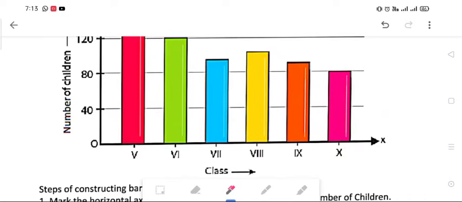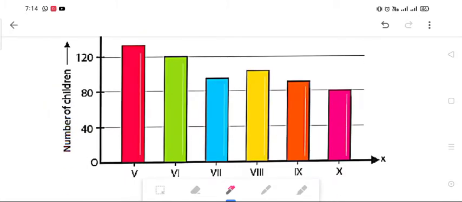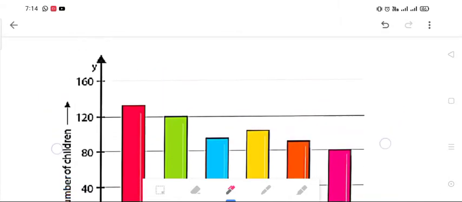Each part represents a unique class. The first is class 5, the second is class 6, third class 7, fourth part is class 8, fifth is class 9, and the last is class 10. And here the y-axis is divided as 0, 40, 80, 120, and 160.